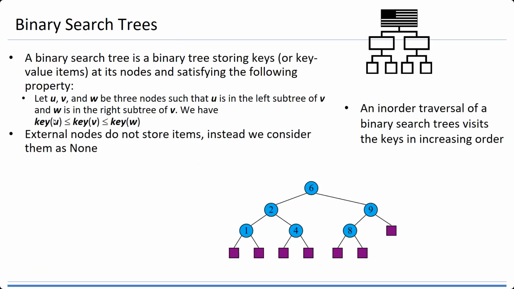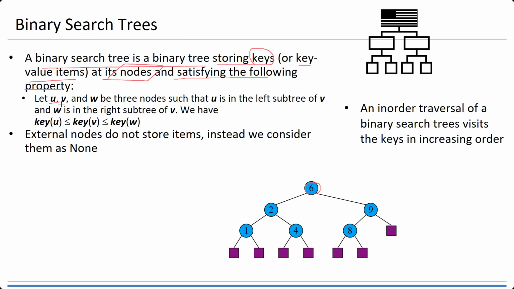In binary search trees, we have these kinds of properties. A binary search tree is a binary tree storing keys, meaning key-value items following the map or the dictionary, and this is the node. It satisfies the following property.